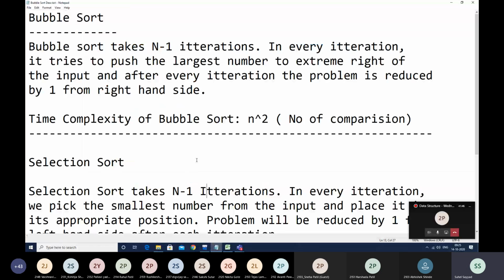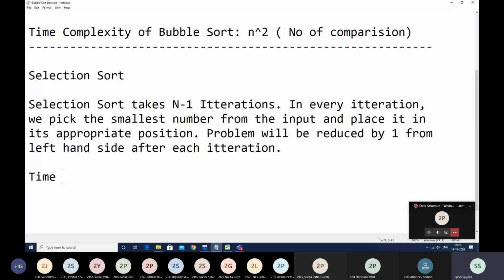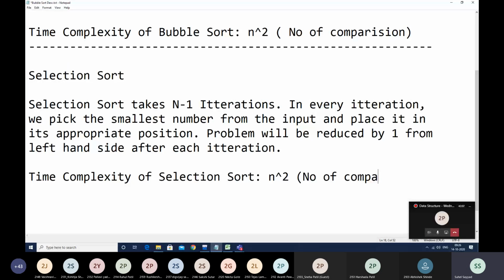When it comes to the complexity, my dear students, here also we are dealing with two for loops of size n. So the complexity of selection sort is n square, and n square number of comparisons, same as bubble sort. Because the philosophy is very similar in case of bubble sort and selection sort.